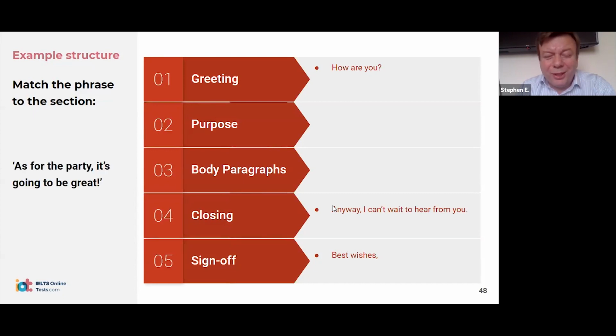As for the party, it's going to be great. Where would you put that? 3, okay. Body paragraphs. I thought I'd get in touch to ask. So where are we going to put that? Okay, lots of 2s. Yeah.